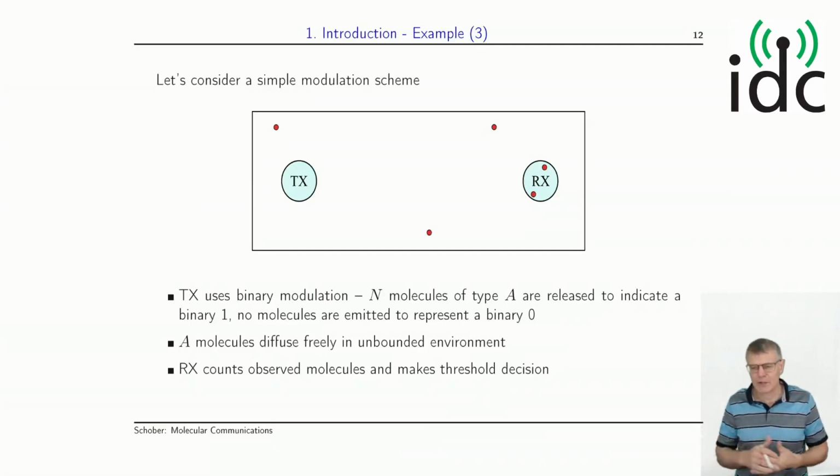This can be interpreted as a threshold, as a detection process. Since we have to observe a certain number of molecules in order to get this started, this might be seen as a threshold detection. So in many cases we basically model this just as a threshold detection at the receiver.